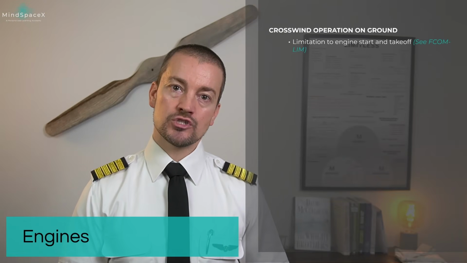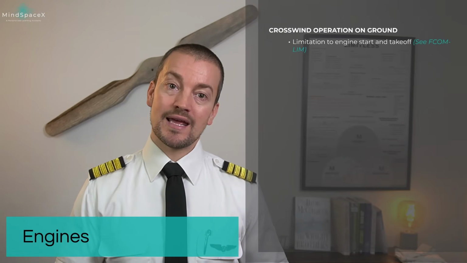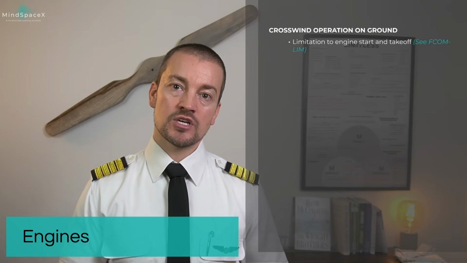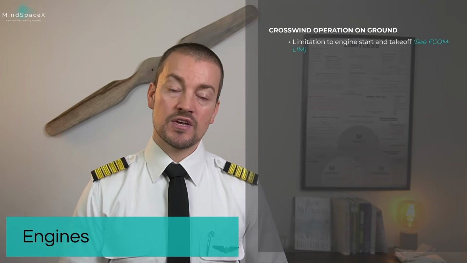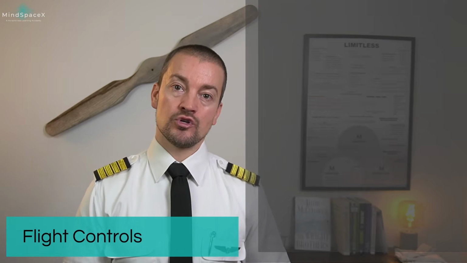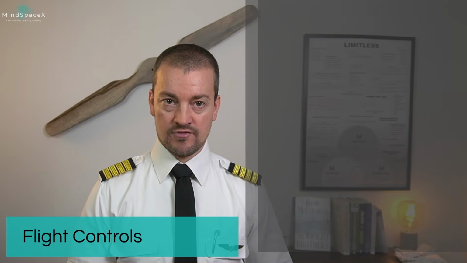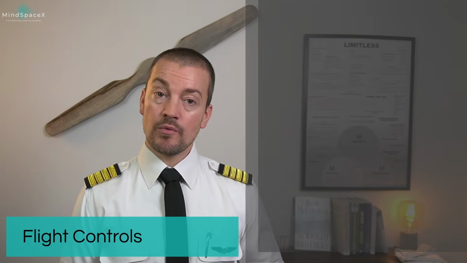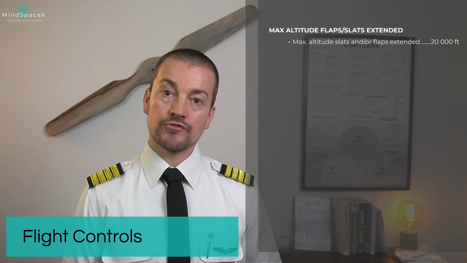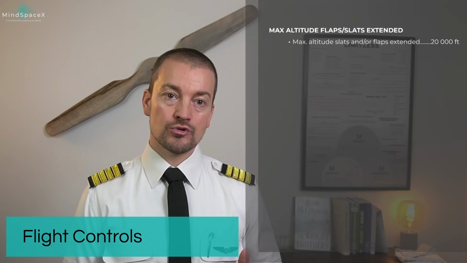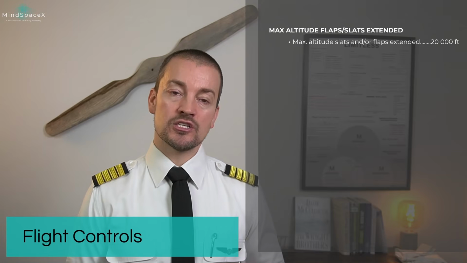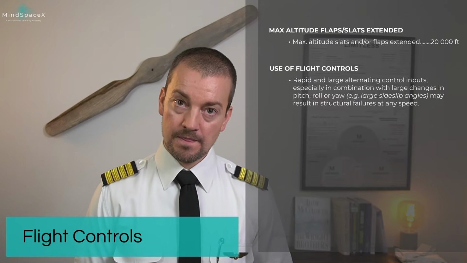Crosswind operations on the ground, as well as limitations on engines for start and takeoff, are specific to your engine, so make sure you cover that in your FCOM. For flight controls, there were a few limitations. First and foremost, maximum altitude for flaps and slats extended is 20,000 feet.